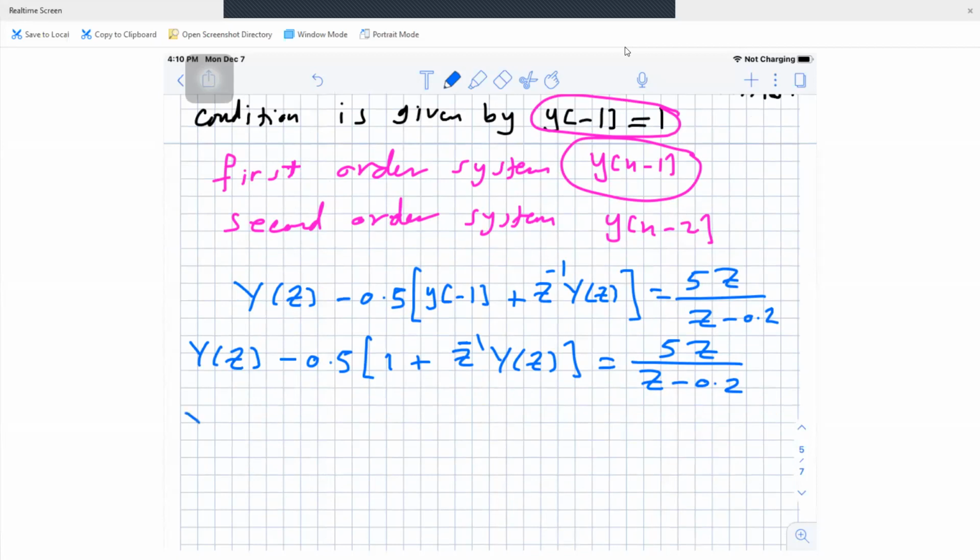So it will be y of z minus 0.5 z to minus 1 y of z equals 5z over z minus 0.2. Well, now what will be the next step?